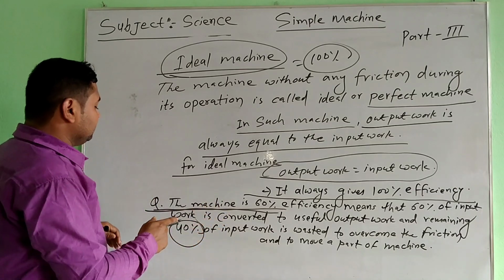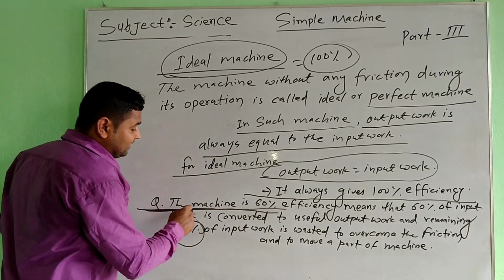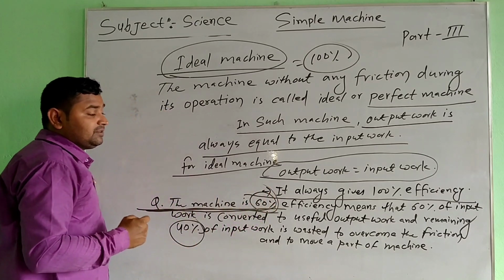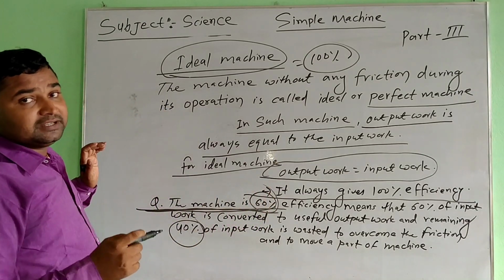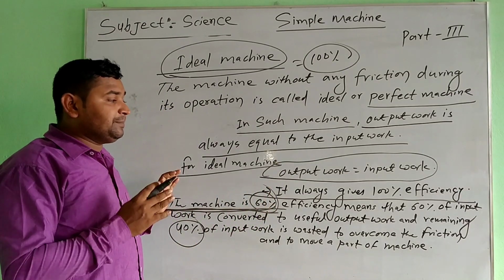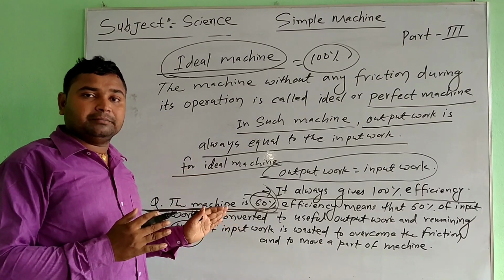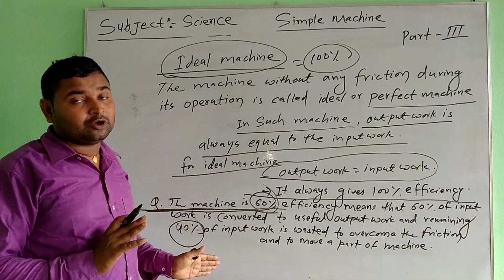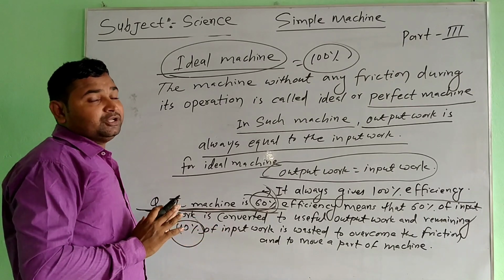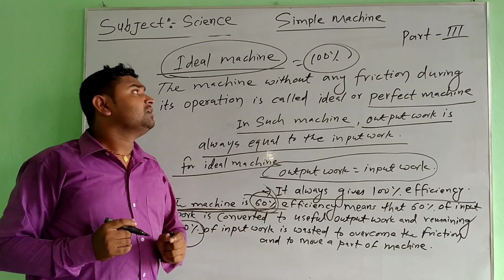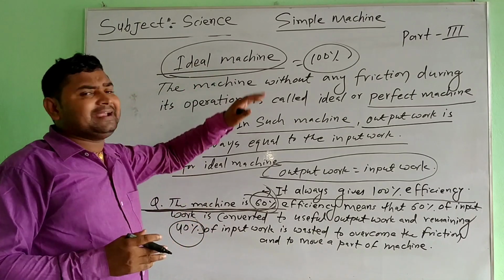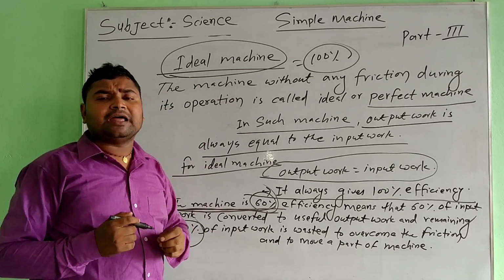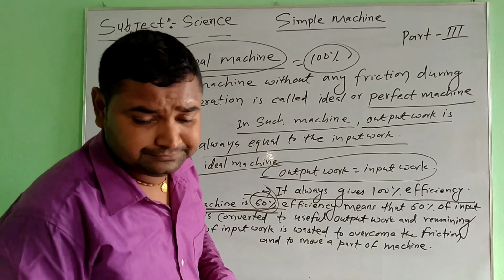What does 60% efficiency mean? It means 60% is work done by the machine which gives the output, and 40% does not give output; it is wasted due to friction. Now, what is the difference between the ideal machine and the practical machine?